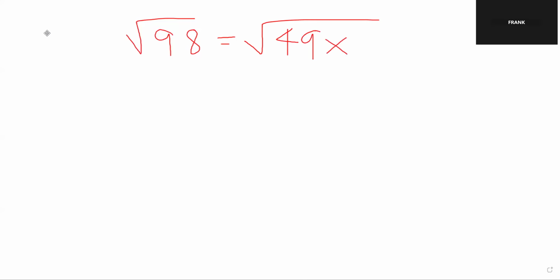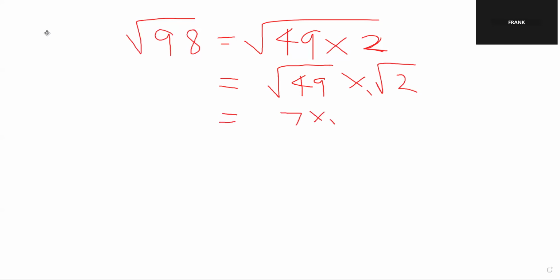Now 49 times what will produce 98? That's 2. So 49 times 2 is 98, and you split root 49 times root 2. Root 49 is 7. Then we have 7 times root 2, which is 7 root 2. So root 98 has been reduced to 7 root 2.